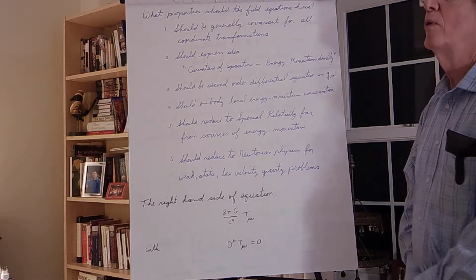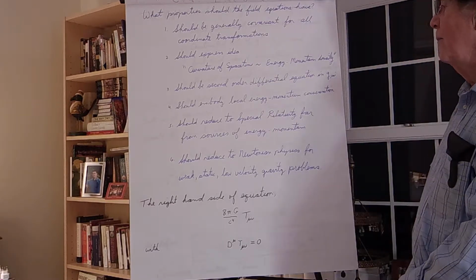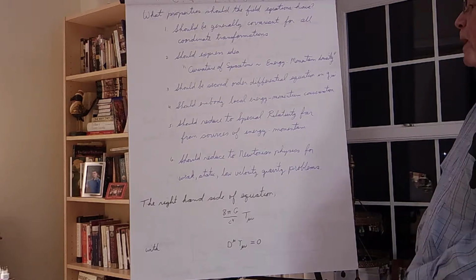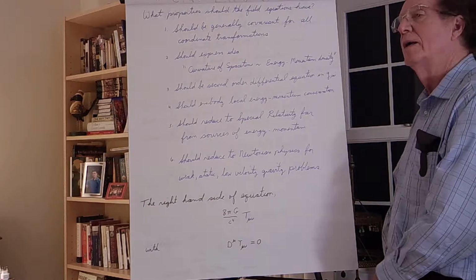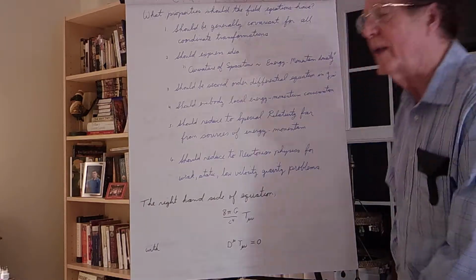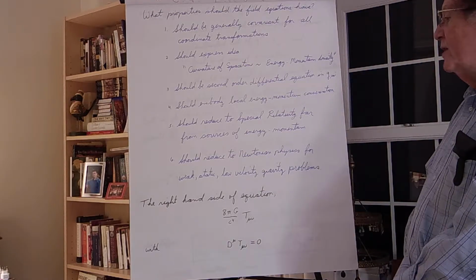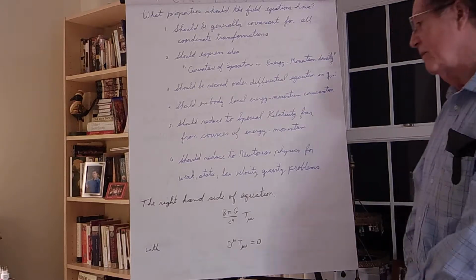Certainly we want to embody energy momentum conservation into our theory. It should reduce to special relativity far away from the source of energy momentum. It should give rise to a flat Minkowski space far away from the source. It should reduce to Newtonian physics for weak, static, low velocity gravity problems.